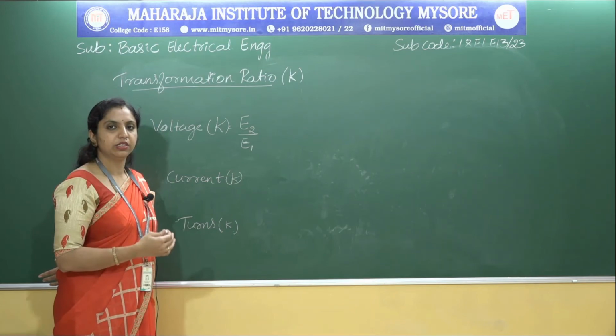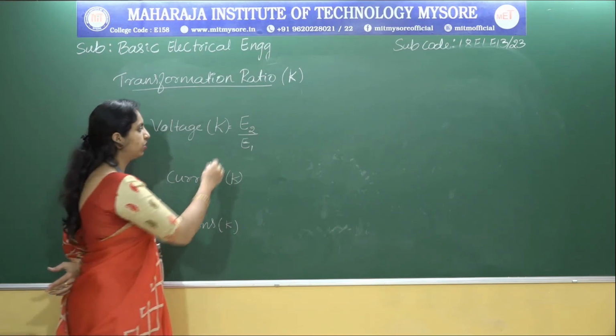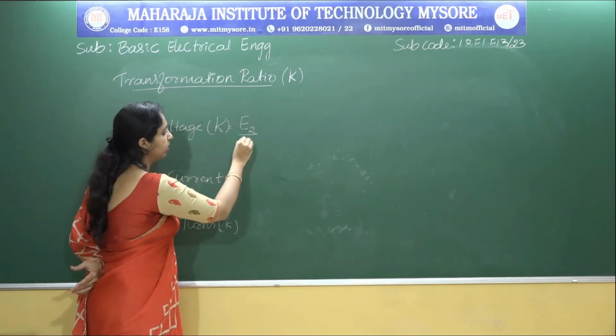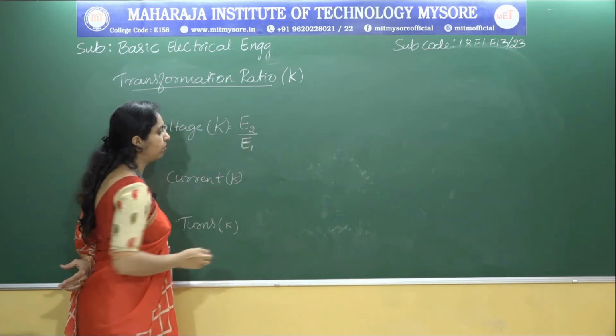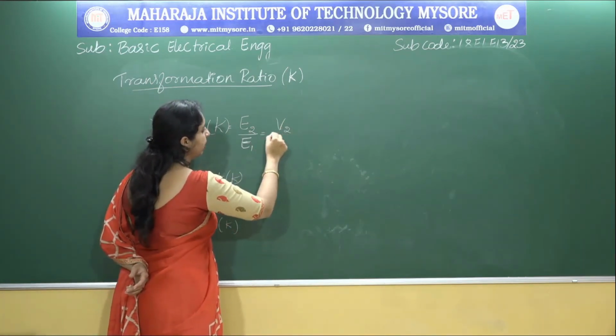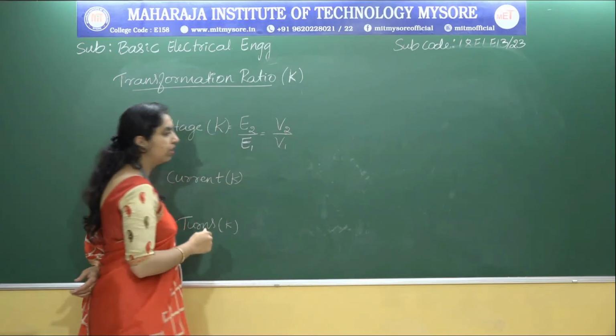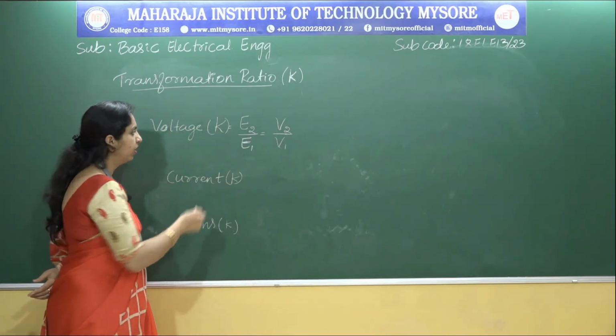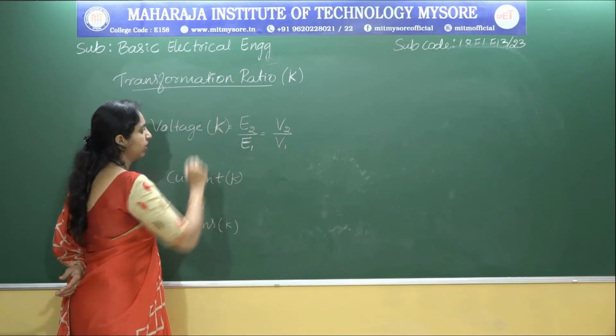The voltage ratio is the ratio of secondary EMF to the primary EMF, so E2 by E1, which can also be considered as V2 by V1. This is nothing but the voltage ratio, and we represent it by K.